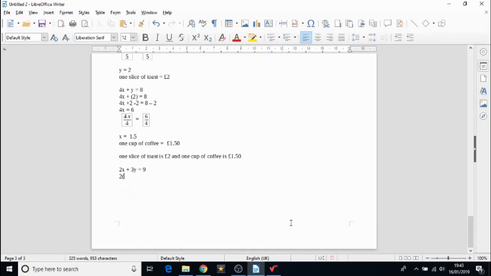So 2 multiplied by 1.5 plus 3y, and y is equal to 2. So 3 multiplied by 2. 2 multiplied by 1.5 is 3. 3 multiplied by 2 is equal to 6. 3 plus 6 is equal to 9.